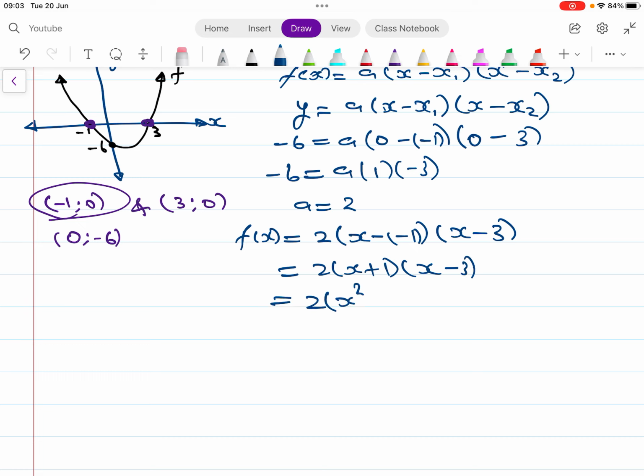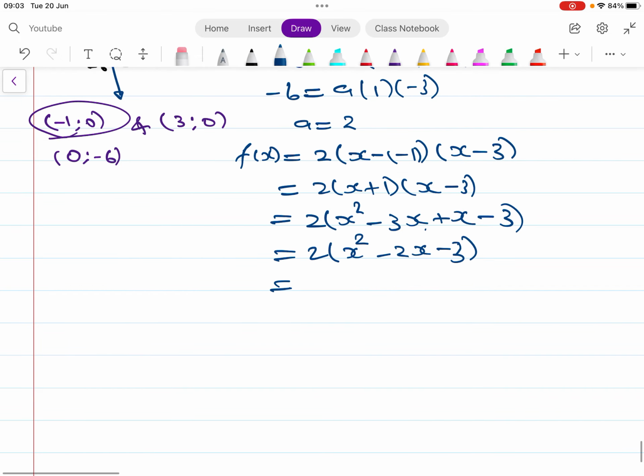It's x squared minus 3x plus x and minus 3. I'm just going to continue to simplify. -3 plus 1 is -2x minus 3, like that. And then now we are left with 2x squared minus 4x minus 6. That is your equation of f of x.